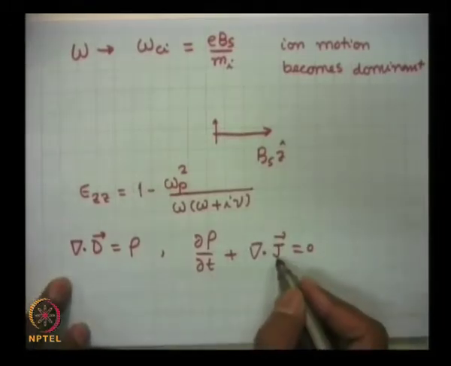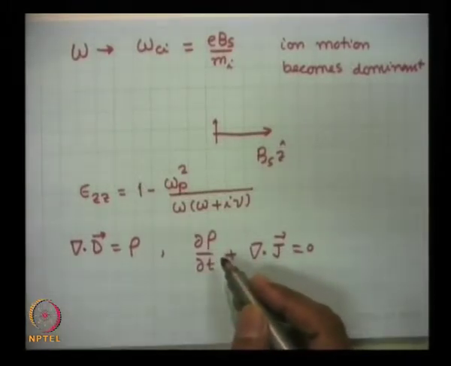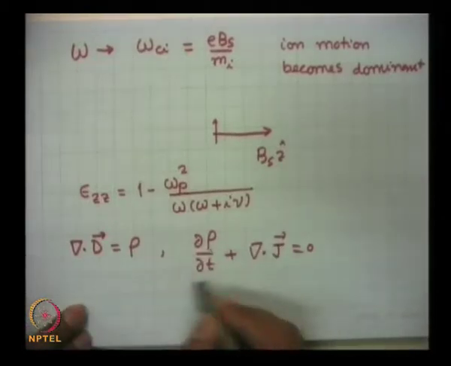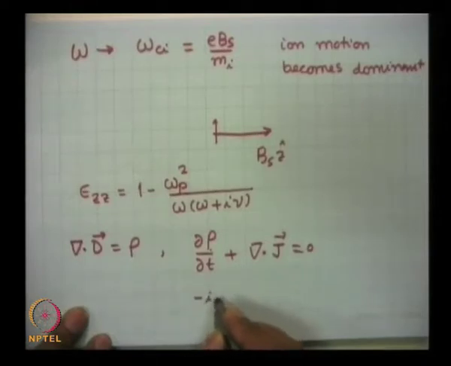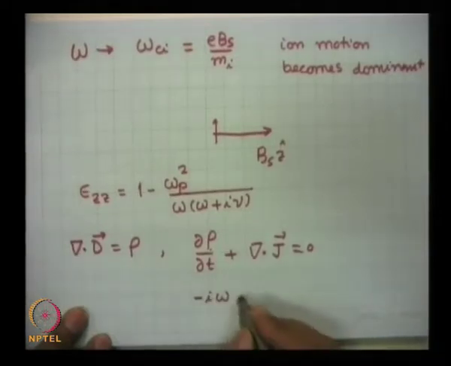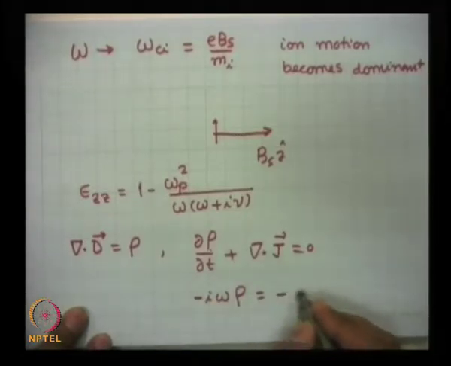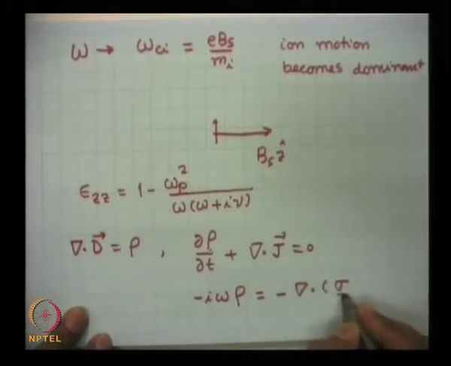For currents that are time dependent, charge density will also be time dependent in general. So, if I replace delta by delta t with minus i omega, then this equation gives me minus i omega rho, the perturbed charge density, is equal to minus divergence of J, where J is equal to sigma E.